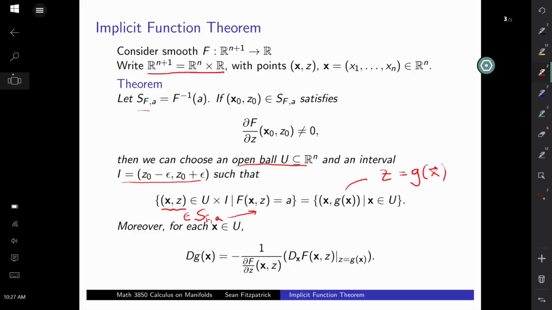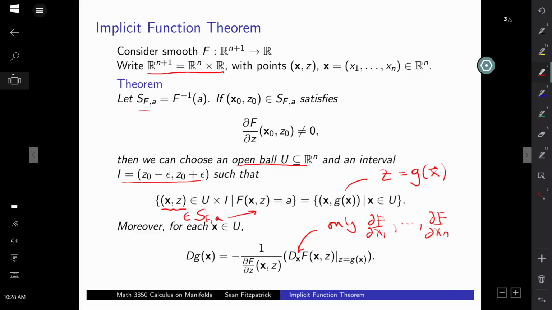This subscript x here is just telling you that we're only considering the partial derivatives df dx1 up to df dxn, right? So this is maybe the right way to think about this: a partial derivative in the sense that it's not the whole derivative.